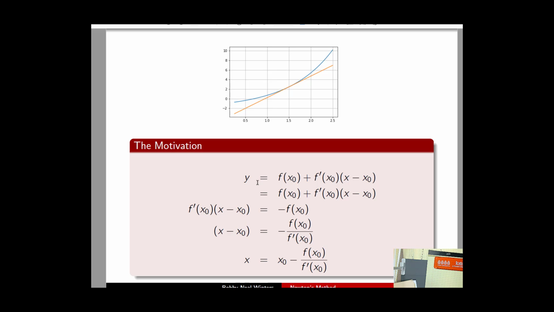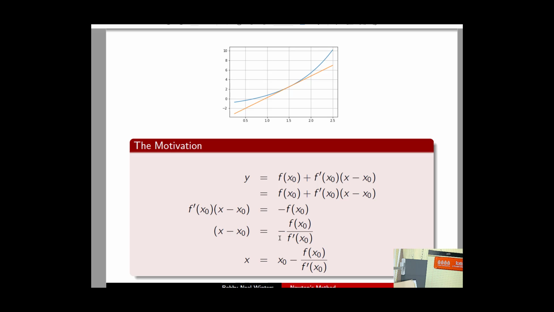In terms of the algebra, we solve the equation y equals f of x naught plus f prime of x naught times x minus x naught, which is the equation of our tangent line. We set it equal to 0 and solve.